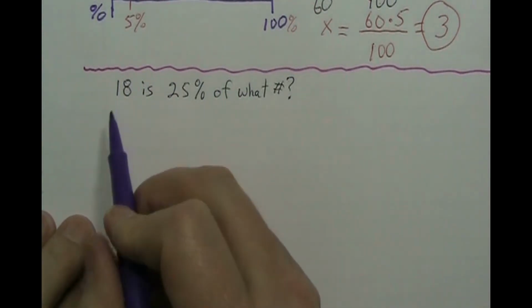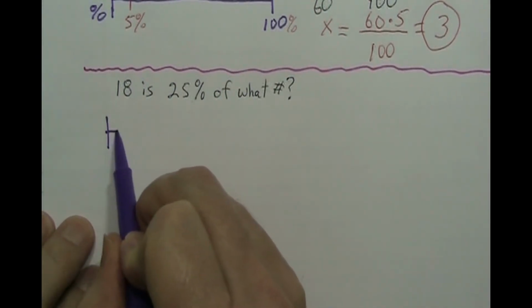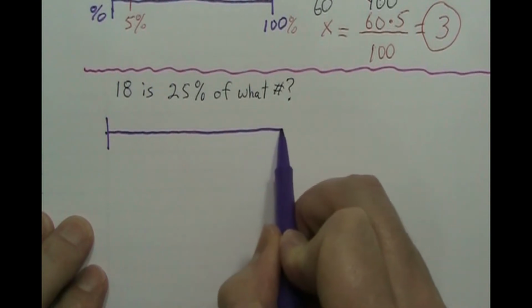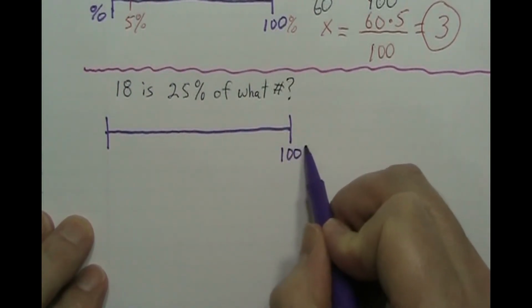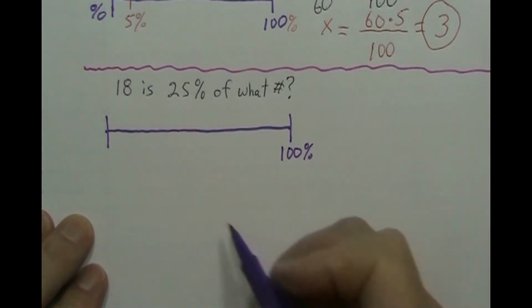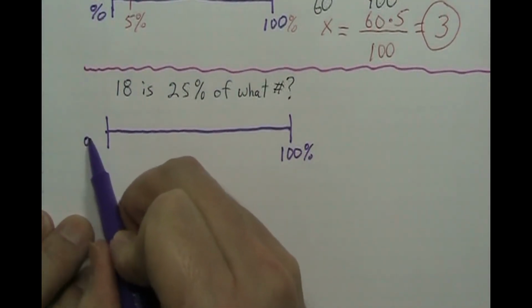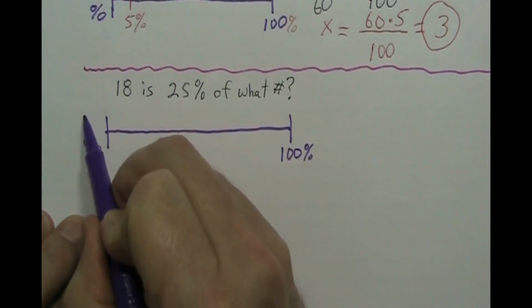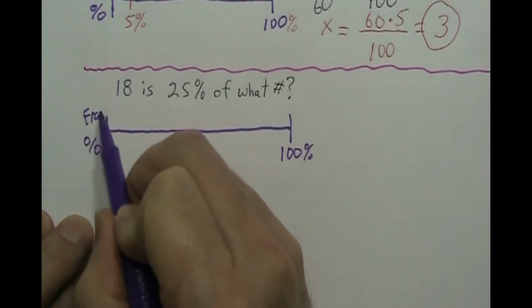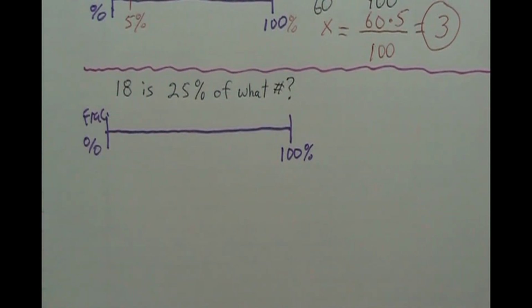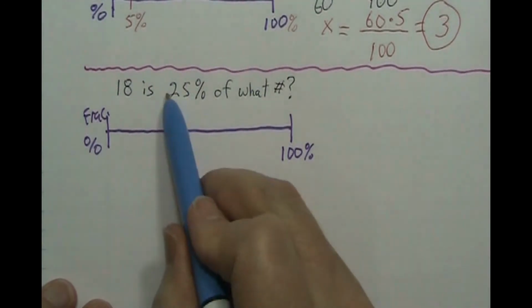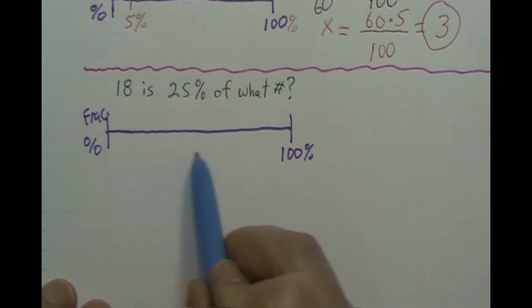Let's make it kind of like a number line, a quick way of doing it. There's 100% right there. Remember, the bottom is percent and the top is the fraction. So what do we have? We have a percent number, 25%, that goes down here.